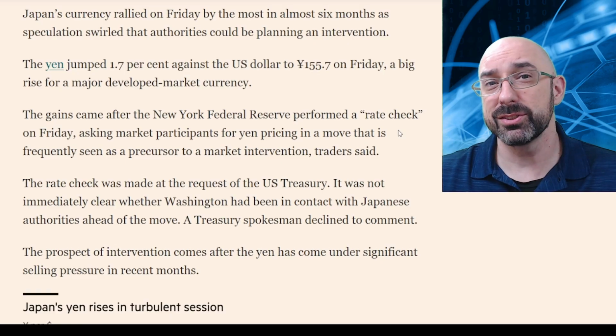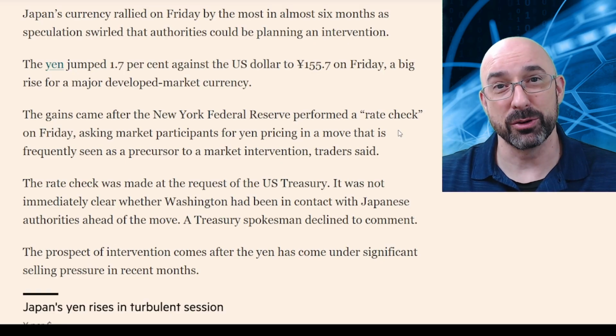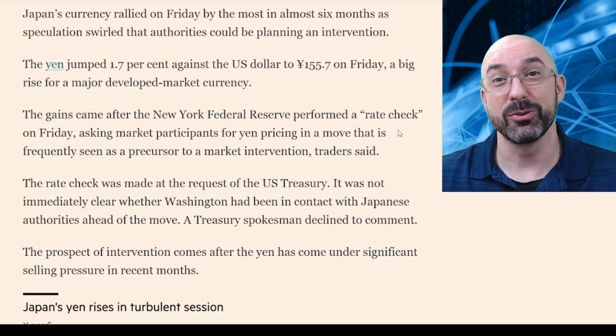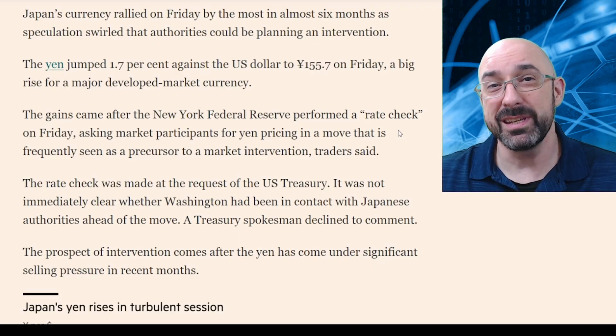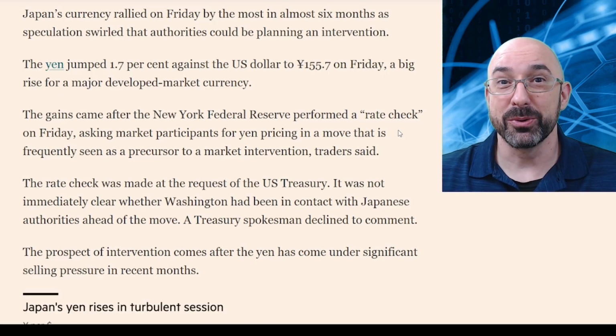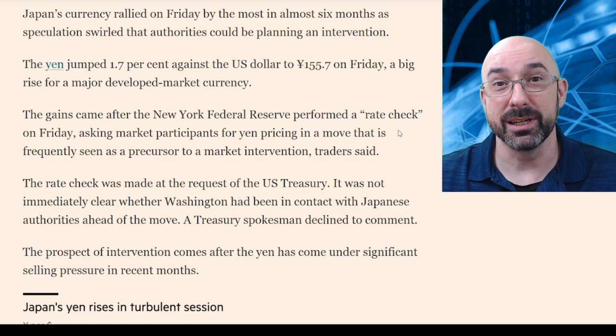So the market starts to correct itself a little bit just on the information that a rate check was performed. So this is kind of how governments manipulate or massage the market without actually doing anything.